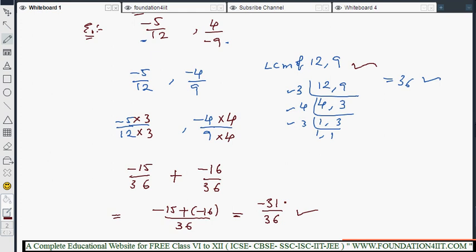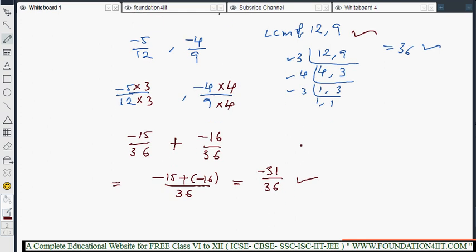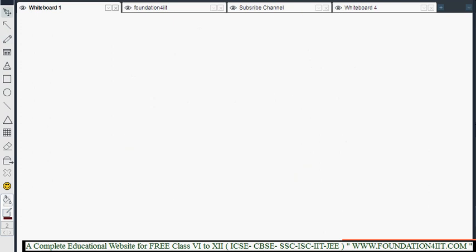Minus 31 by 36 is the sum of these numbers. Let me explain one more sum, then we will see the properties of the addition of rational numbers.